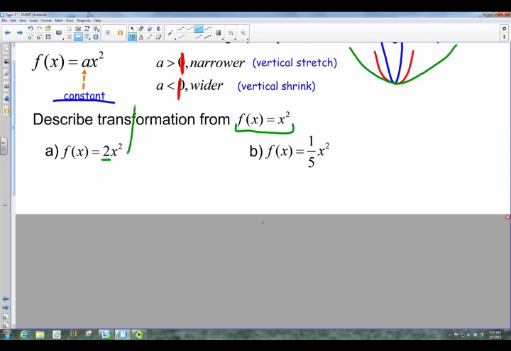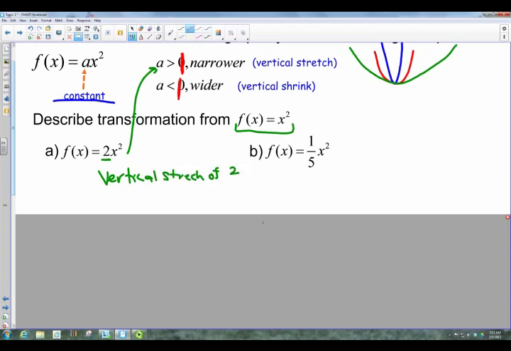So remember we said if it's greater than 1, it gets narrow or it's vertically stretched. So you're looking for something like this as an answer: it's a vertical stretch of a factor of 2. Or it could say this thing is getting narrower by a factor of 2. Essentially what's happening is you're taking all of your y values and multiplying by 2.